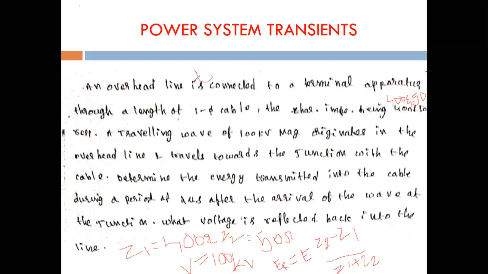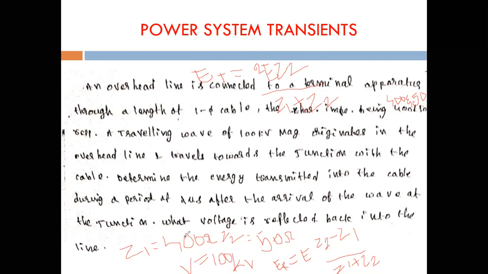ET is equal to 2E Z2 by (Z1 plus Z2), where Z2 is equal to 50 ohms and Z1 is equal to 400 ohms.